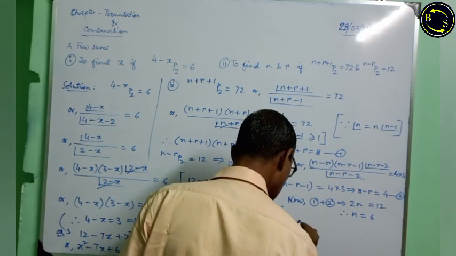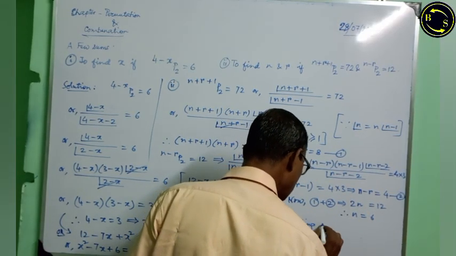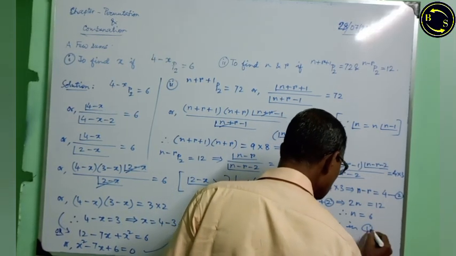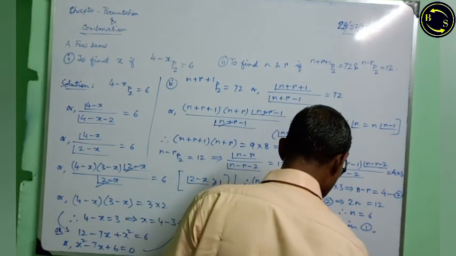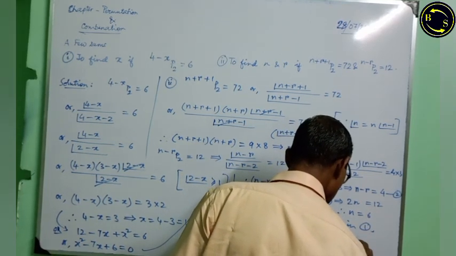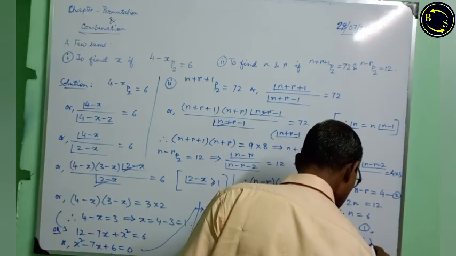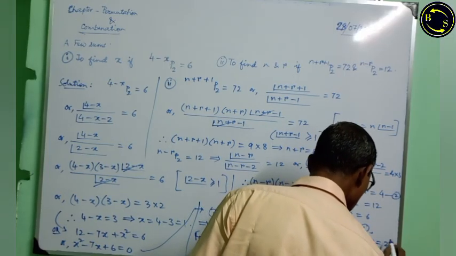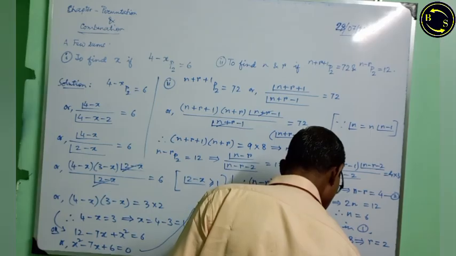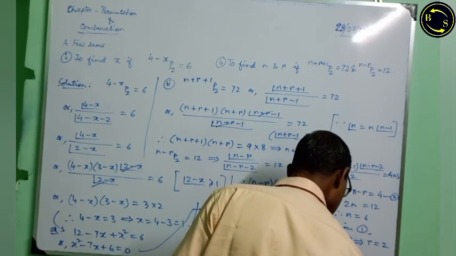Putting n equal to 6 in 1, what we get? 6 plus r is equal to 8, from which r equal to 2. Therefore, finally, we get n equal to 6, r is equal to 2.